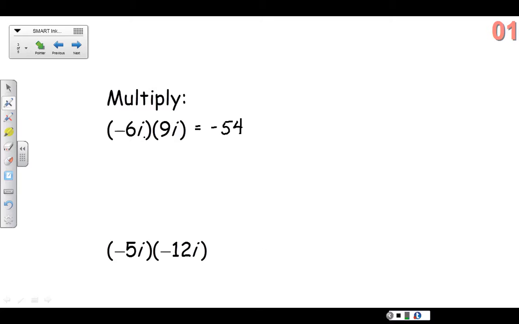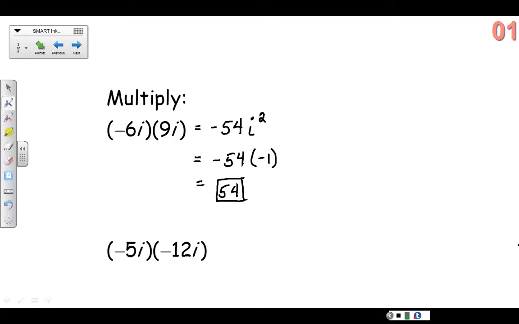But of course, i times i gives me i squared. I just got through telling you, if you have an i squared, you're going to replace that with a -1. So -54 times -1 is just going to make it a positive 54. So i squared definitely has an effect in your answer.